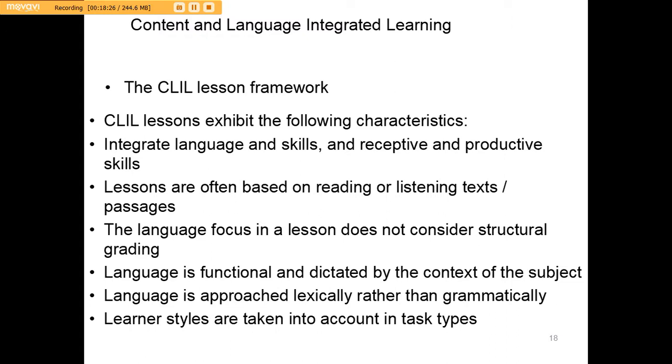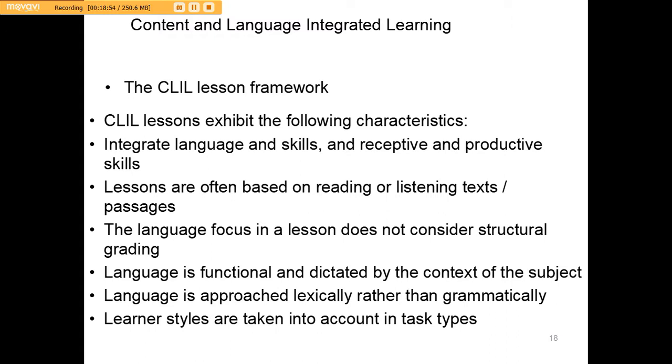Also, CLIL lessons have the following characteristics. We integrate language and skills, receptive and productive skills. Lessons are often based on reading or listening texts or passages, so there's input to generate output. The language focus in a lesson does not consider formal structural grading.